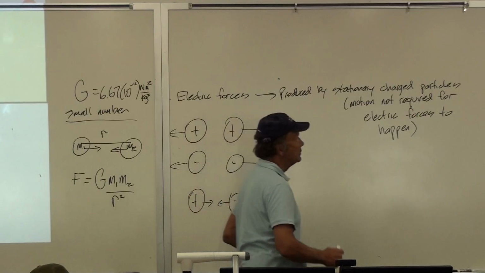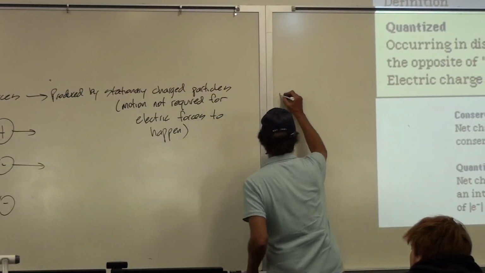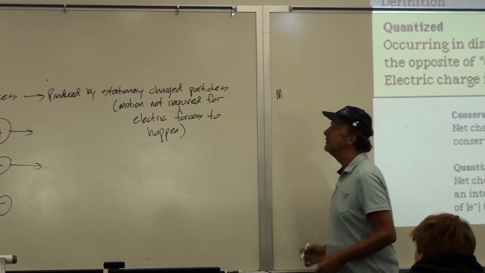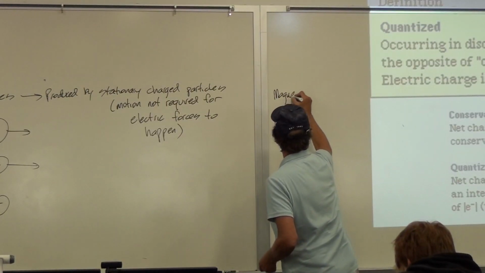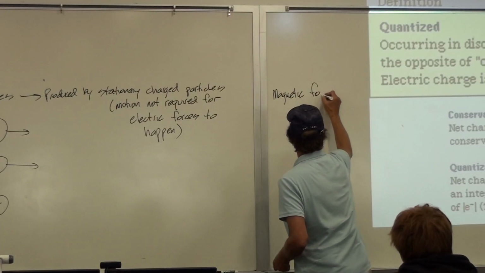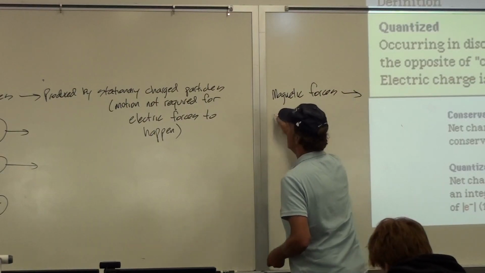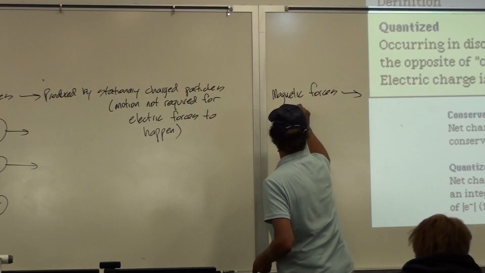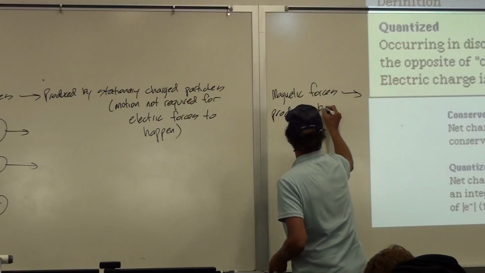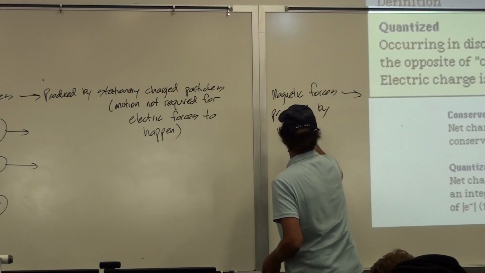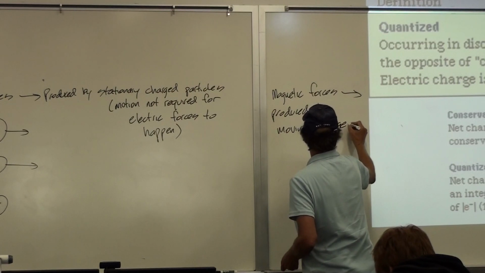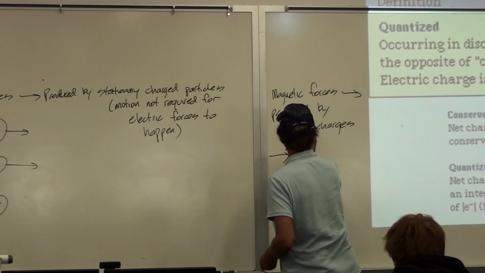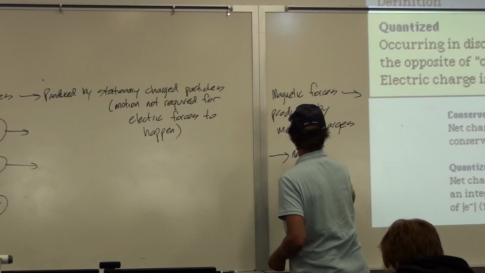Now, why am I making such a big deal about that? Well, because magnetic forces require the charges to be moving. So if there's no motion, there's no magnetic force.